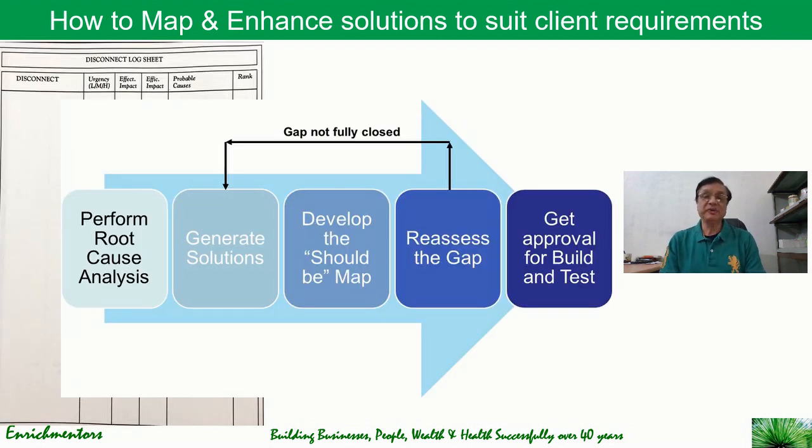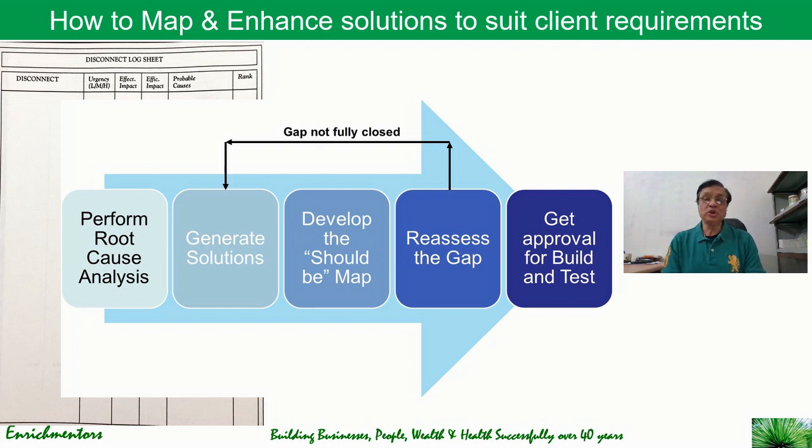It starts with performing the root cause analysis, and you start where we left off last time, with the high priority disconnects that we had identified. So we start with the disconnect log sheet on the left-hand side as an input, and on that we perform the root cause analysis. We had started generating some possible causes in the last section, and in this one we perform the root cause analysis.